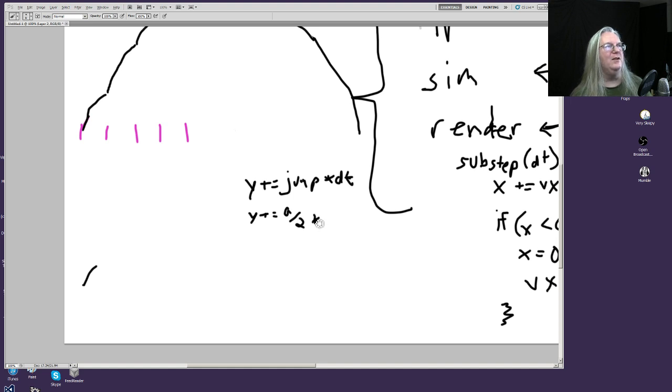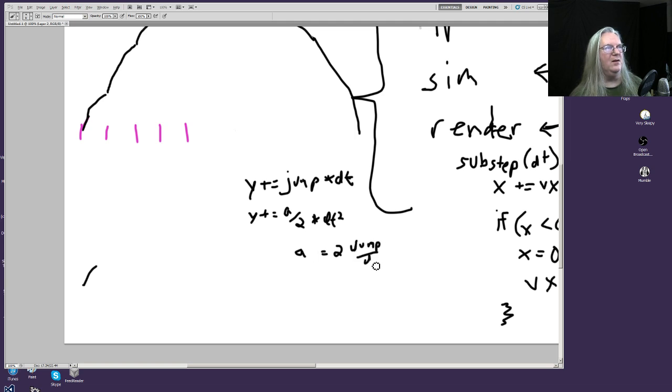Times dt squared. We want those two to be equivalent, right? So we solve for them being equivalent, and we want to solve for a. My bad. We get a equals 2 times jump over dt, is that right?